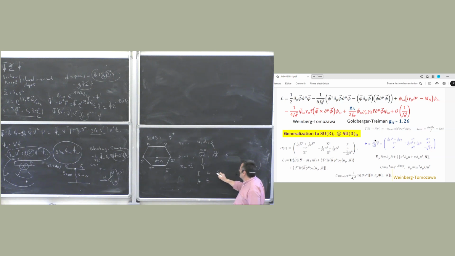So then what happens with the spin? Should be symmetric. Why? Because the total wave function should be antisymmetric. No. We are forgetting the color, and the color is antisymmetric.